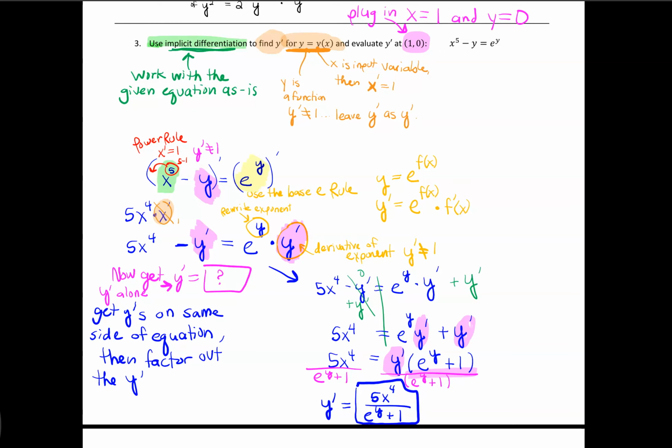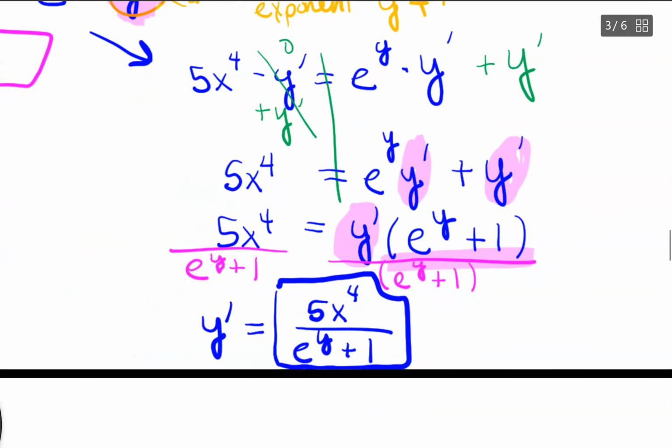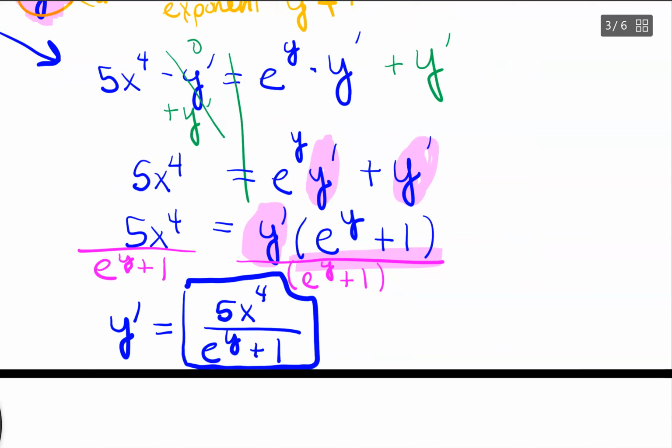So let me come down here and do that. Evaluate at (1, 0). The input variable comes first, the output comes second. So x is 1, the function output is 0. So plug in x equals 1, y equals 0.